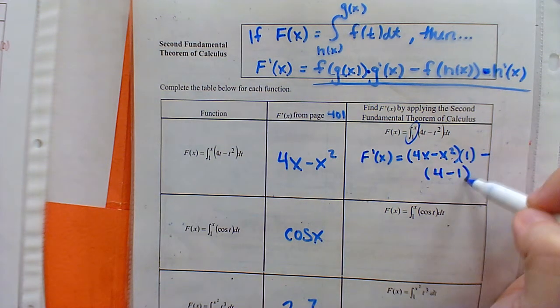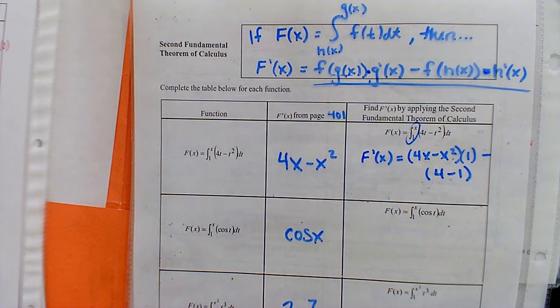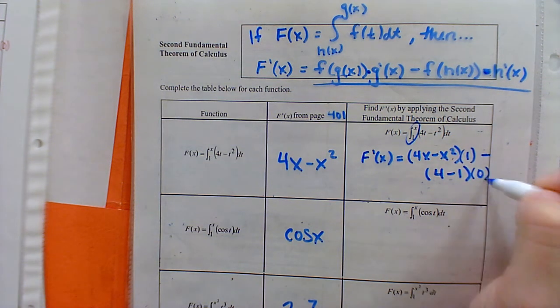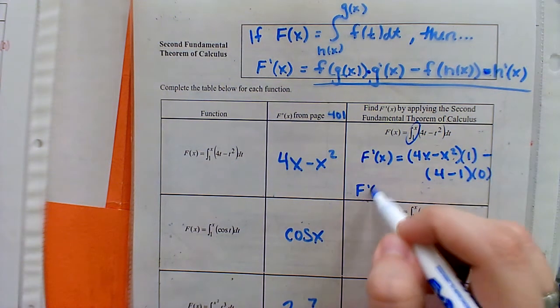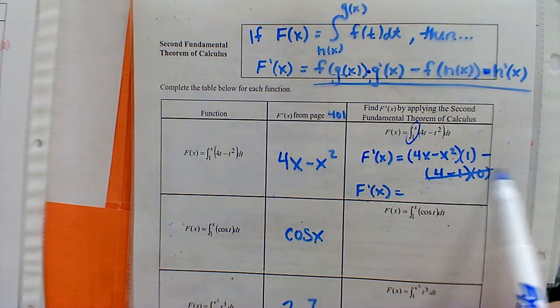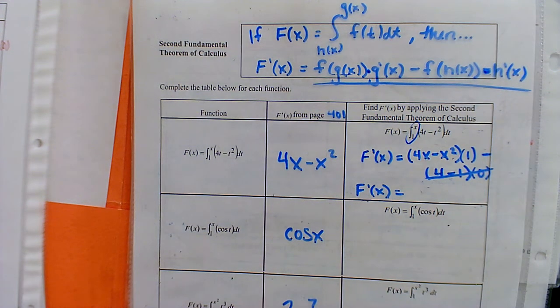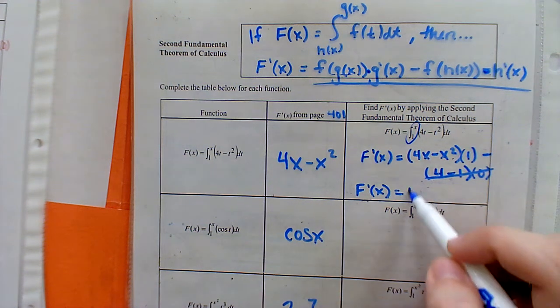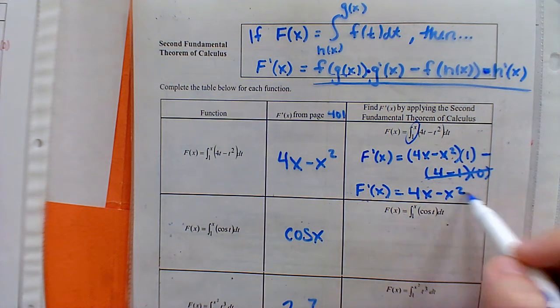So that would be 4 minus 1 times the derivative of that bottom bound. What's the derivative of 1? 0. So notice how multiplying by 0, that's going to kind of cancel out what we get from that bottom bound. And we're just left with the 4x minus x squared.